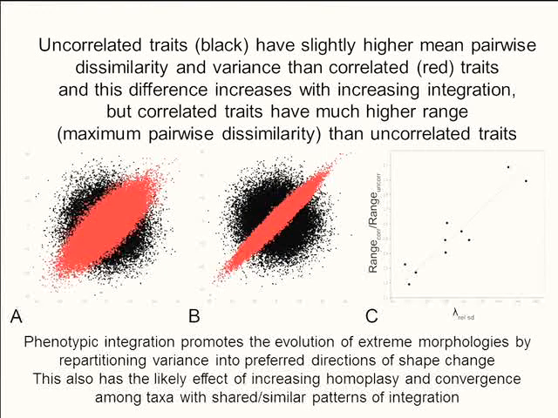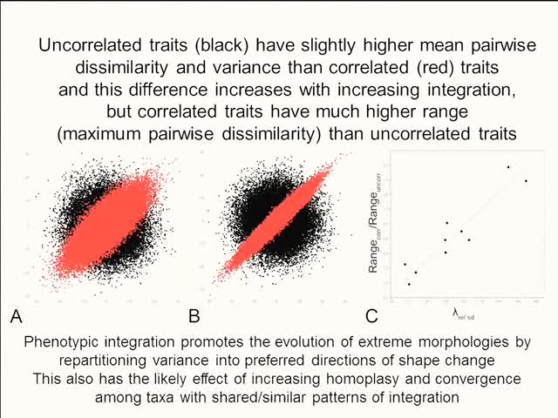And basically, the effect is that correlated traits, as you would expect, repartition the variance along preferred trajectories. So if you look at total morphospace, it looks like uncorrelated traits can explore more of the possible morphospace. That's true. But actually, when we look at variance-based measures of disparity, they're relatively similar between the two.